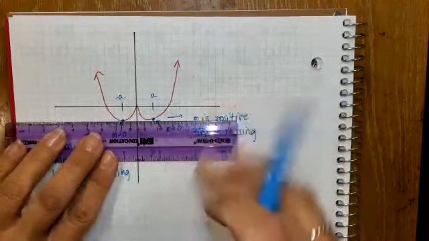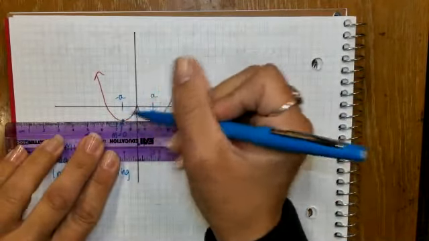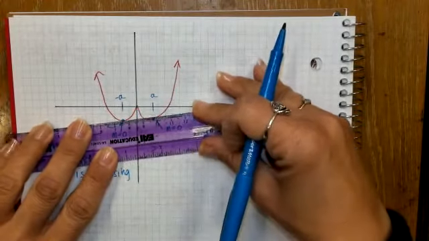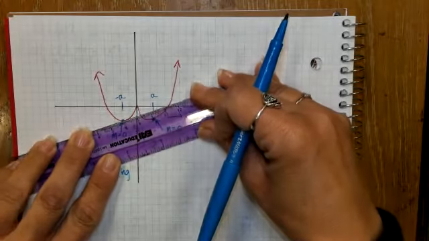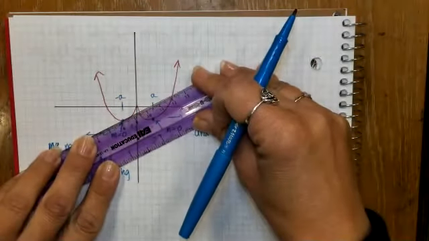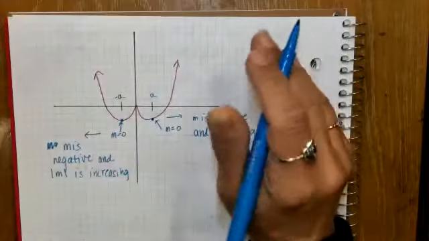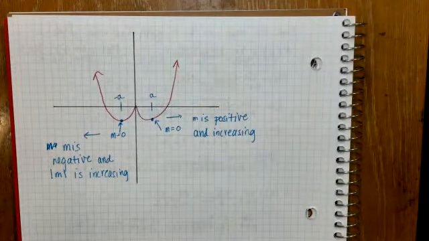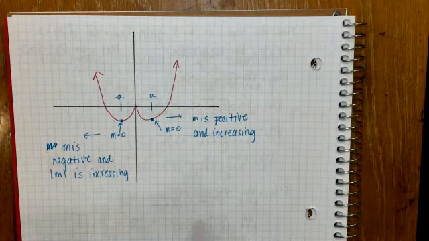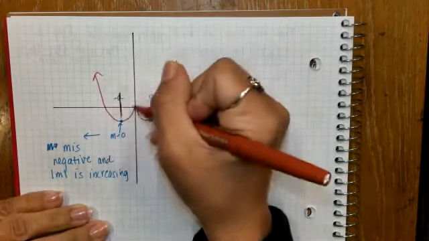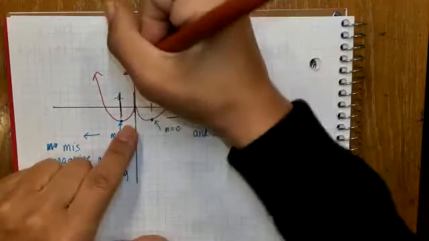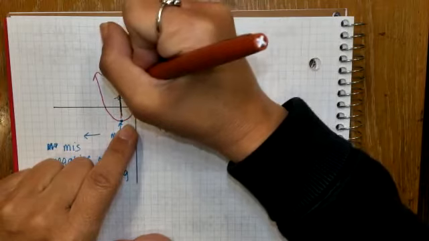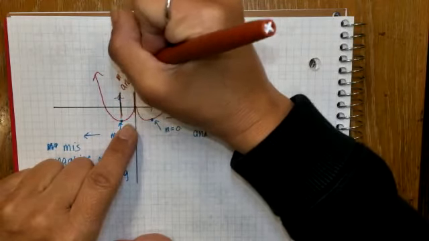From negative a to x is 0, the tangent line is positive, positive, positive. So, using a different color here, from here to here the slope is positive and increasing.